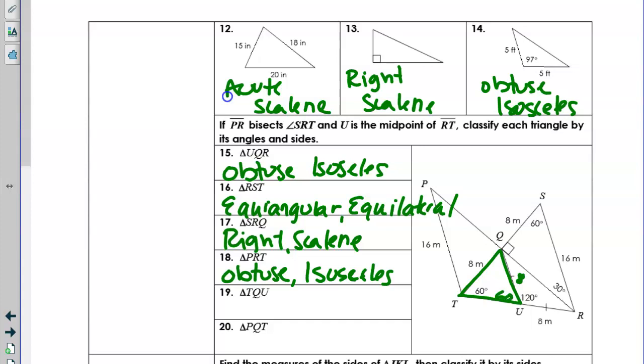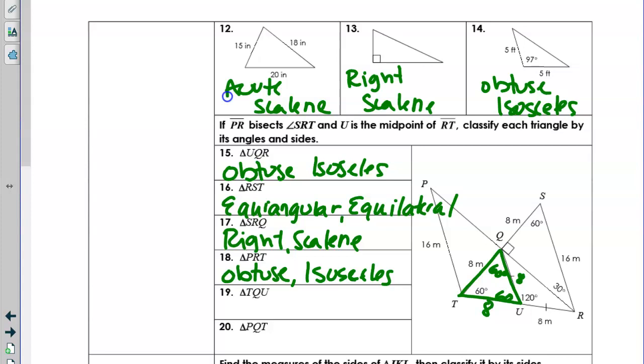So how many degrees do we have in a triangle? 180. So if I have two that are 60, what would the third angle equal? 60. So if I now have three congruent angles, and I know that the sides opposite are always going to be congruent. So if the side opposite here is 8, this one has to be 8. So you had to do some more thinking on that one.